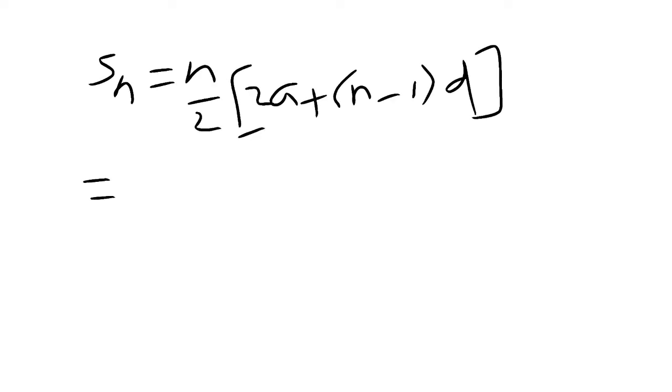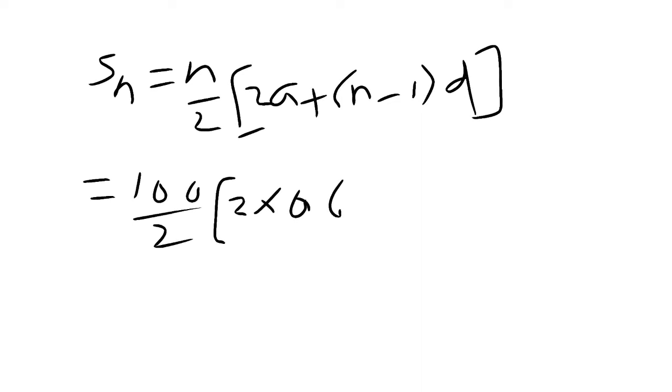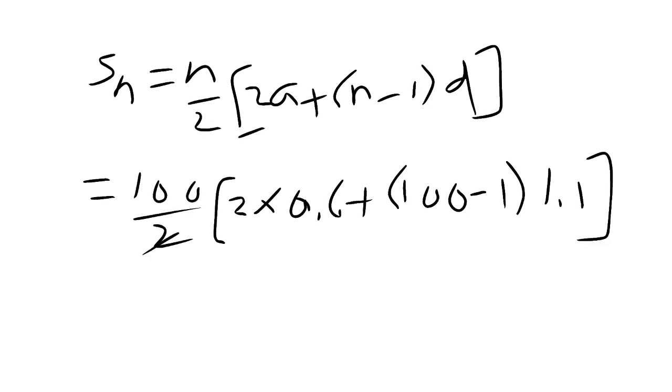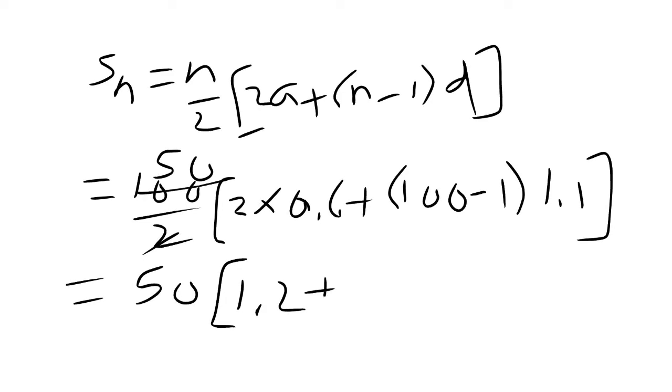So then the Sn formula: n value 100 by 2, 2a is 2 into 0.6, plus 100 minus 1 into d value 1.1. So 2 ones are 2, 50 into 2 into 0.6 is 1.2, plus 99 into 1.1.